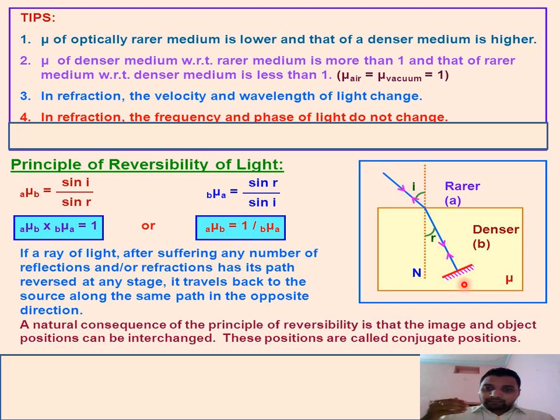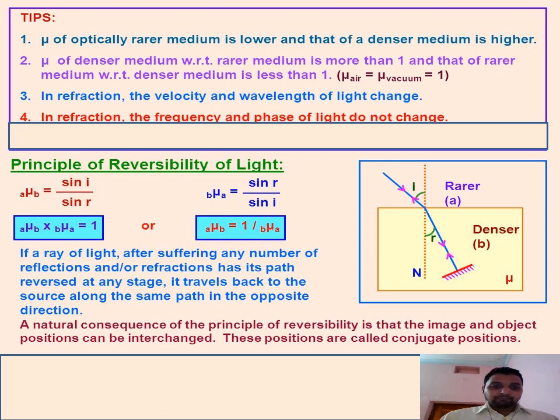When the ray of light is going from B to A, in place of sin I we have to take R, and in place of R we have to take I, because the light is passing from medium B to medium A. So here we get sin R by sin I. That means the refractive index of B with respect to A equals 1 by the refractive index of A with respect to B.